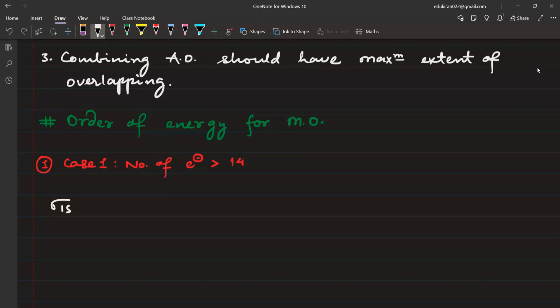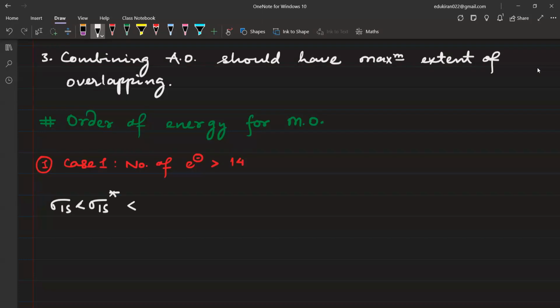What is the meaning? A sigma bond formed by the mixing of two 1s atomic orbitals. They will mix and form a sigma bond. This will have the least energy, followed by the anti-bonding, because as we form a bonding orbital, there will always be an anti-bonding. This anti-bonding is also formed by 1s.